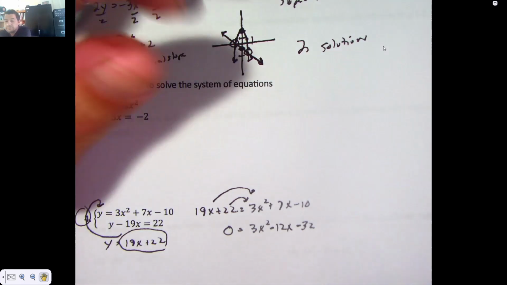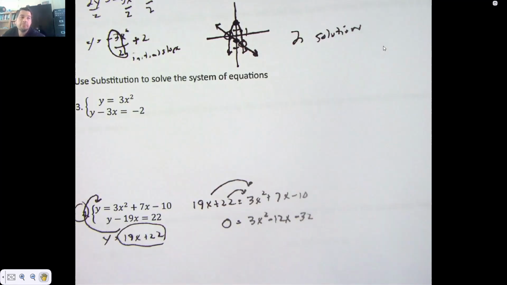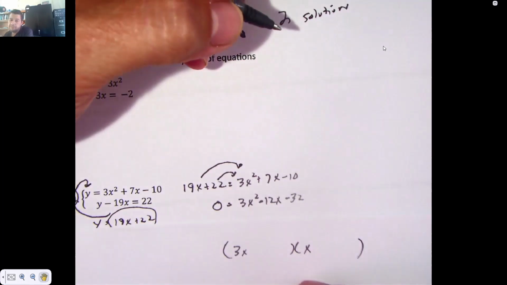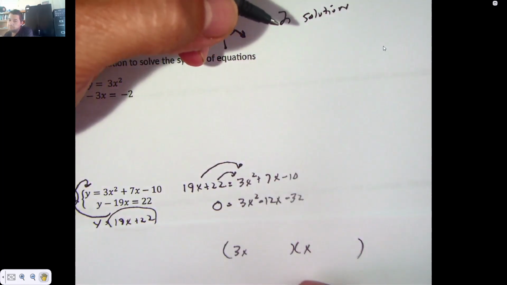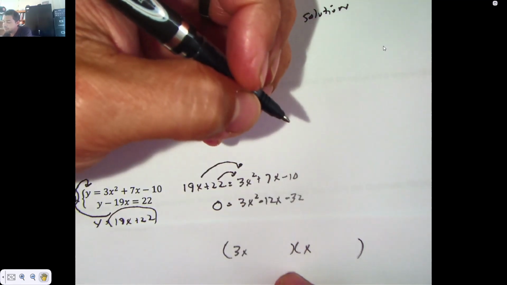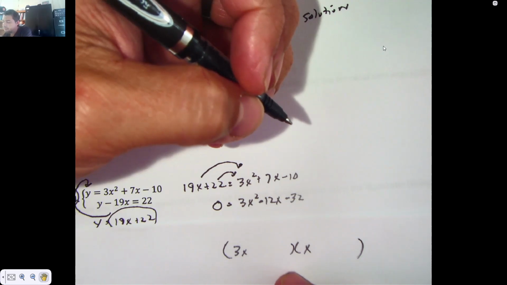Now, I have no idea if this factors or not. I'm actually going to do it on a separate piece of paper, see if it does. Factors of 32, probably 8 and 4. That's not going to work though, is it? Nope. 2 and 16.